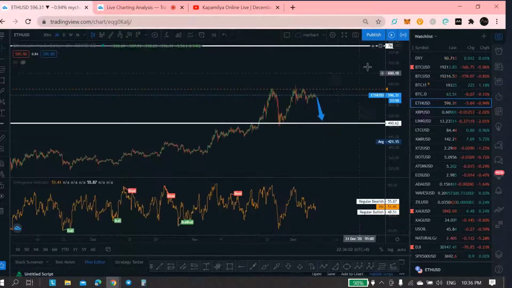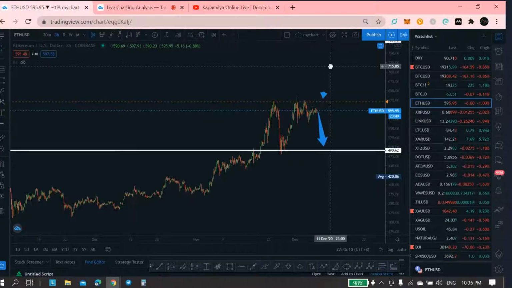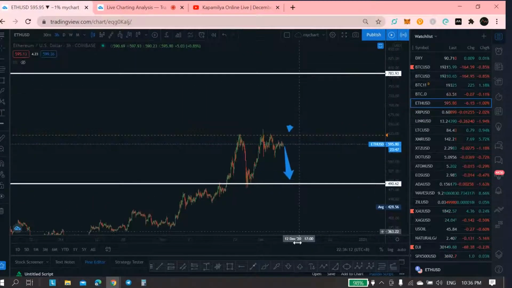Actually, I have an alarm at $620, because I bought last week after the dump. Normally, I just buy at the extremes. So it's also very important to have your alarms on.